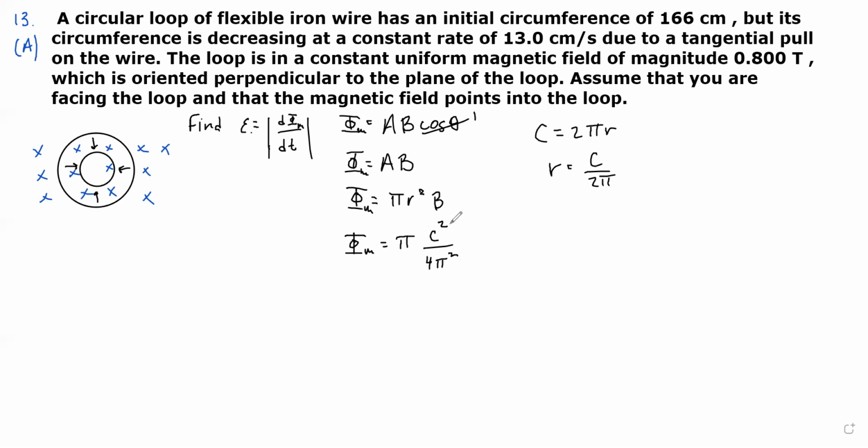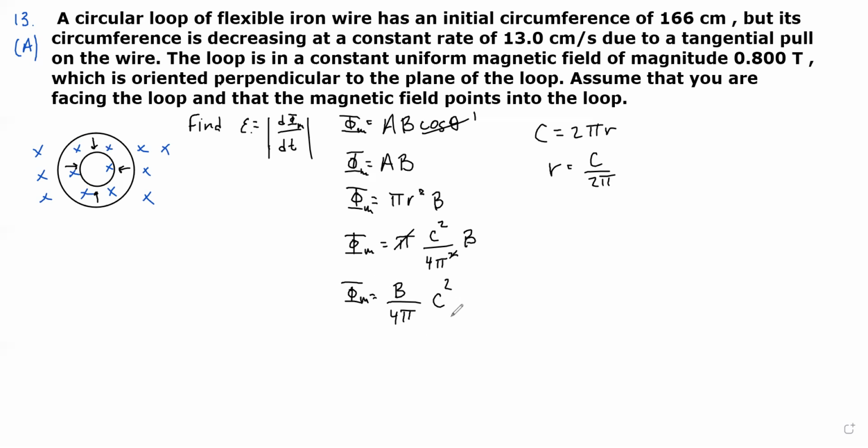The whole radius is squared, so the top gets squared, bottom gets squared, times B. Pi can cancel with one of those and one of those, which gives us flux is equal to, I'm going to pull the constants out front, B over 4 pi times circumference squared. So we get magnetic flux is equal to B over 4 pi times the circumference squared.